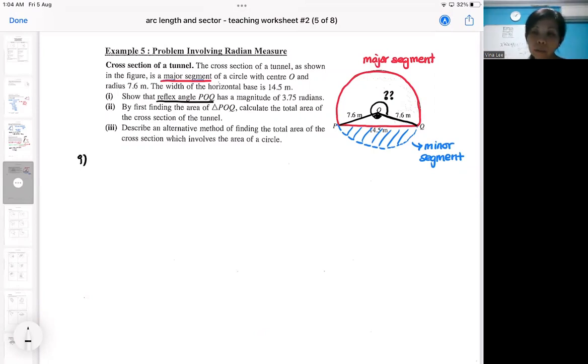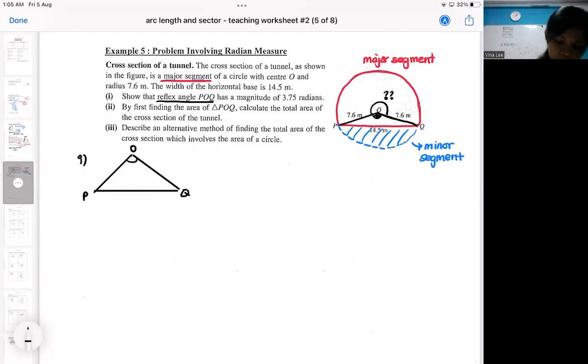I'm going to show you two ways of doing it. I'm going to enlarge this triangle to show you. It's your choice which one you want to go about doing. So O, P, Q. I'm interested to find this angle, maybe I call it X. This is 7.6, this is 7.6, and this is 14.5.